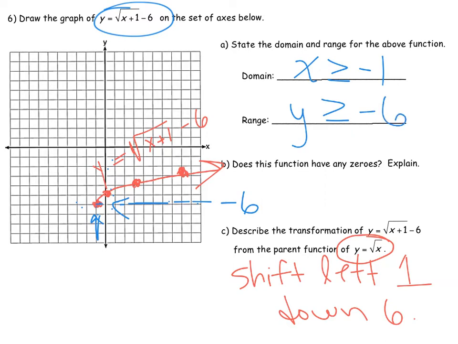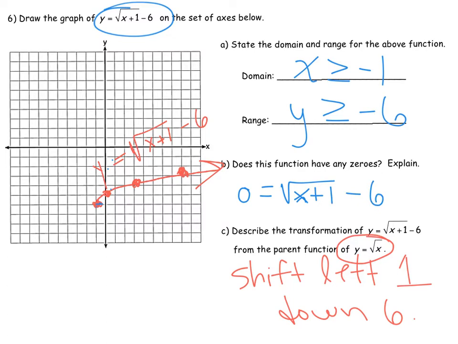And the last part asks, does this function have any zeros? You have to remember, to find the zeros of a function, we set y equal to 0 and find what the x values are. So when would y equal 0? Look at this function. I have 0 equals the square root of x plus 1 minus 6.